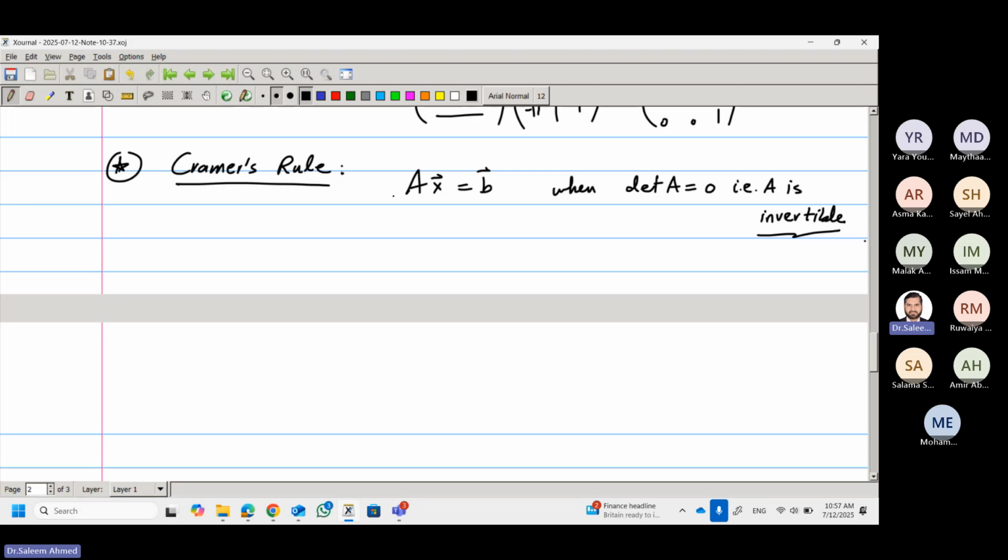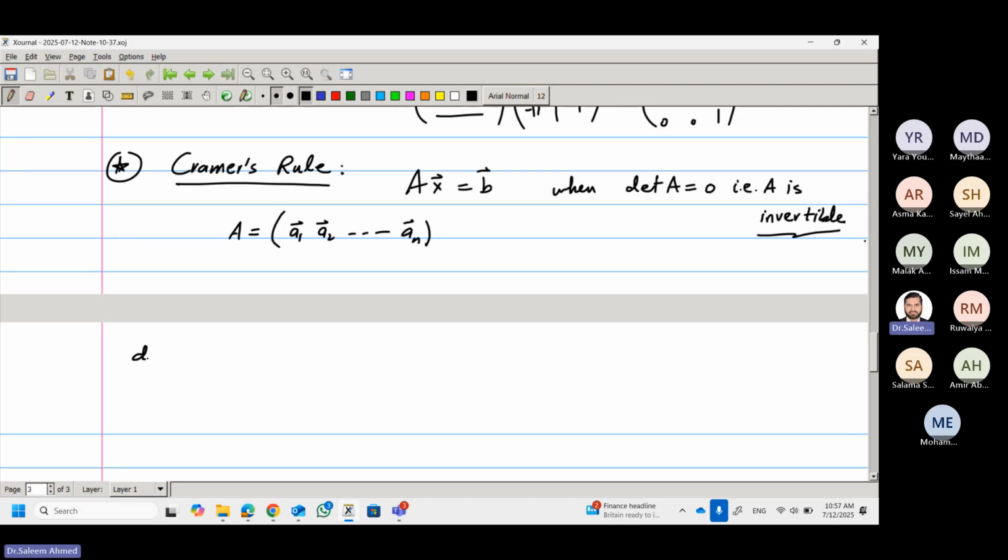So we define here, let's say your matrix A, the first column is called A1, the second column is A2, and so on, the last column is An.